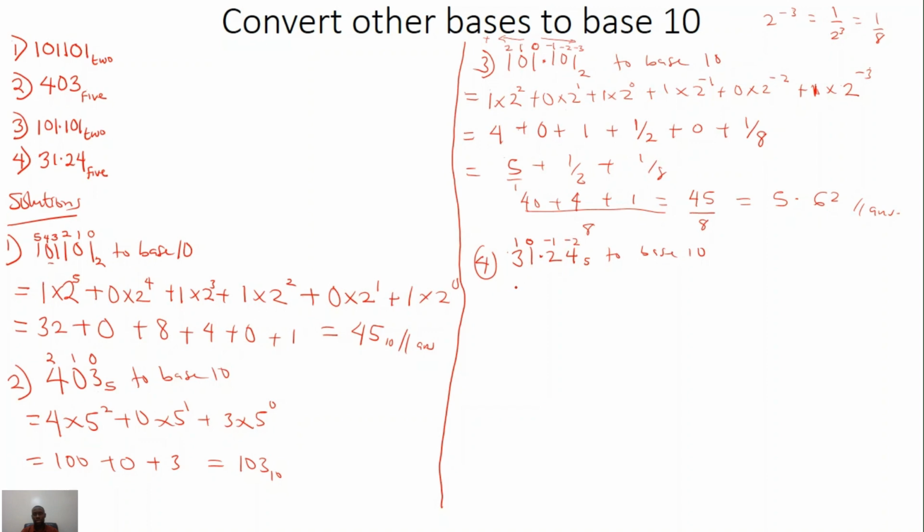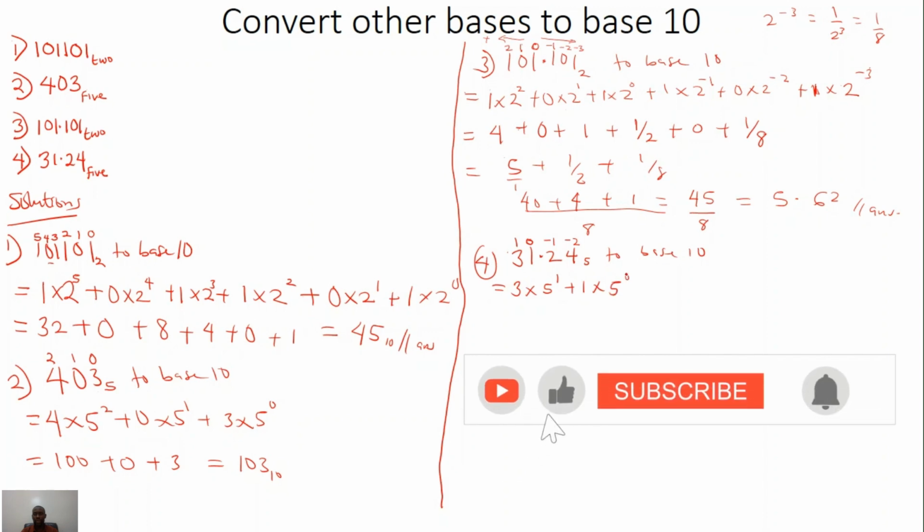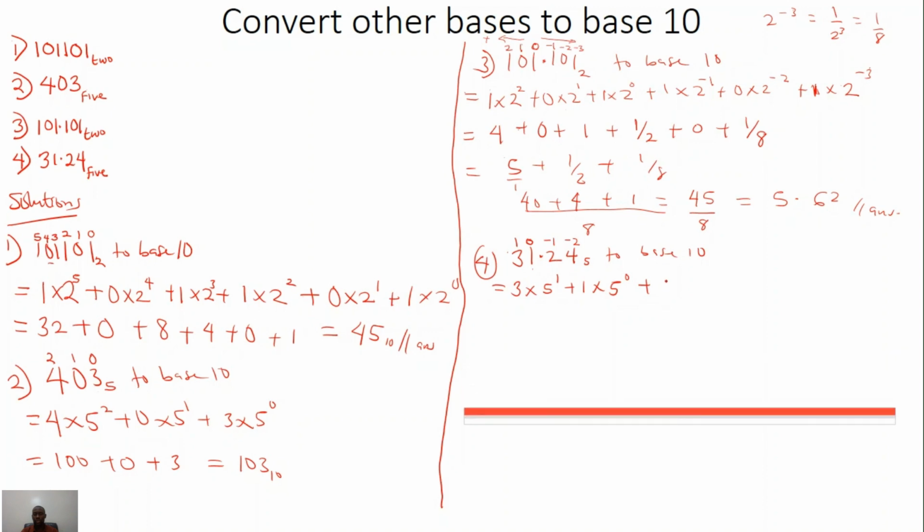Okay? So the next thing is to multiply each of the digits with the base raised to power the number of its position. If you do this, let's start with the 3 times 5 raised to power 1 plus 1 times 5 raised to power 0. Then to this plus 2 times 5 raised to power minus 1 plus 4 times 5 raised to power minus 2.